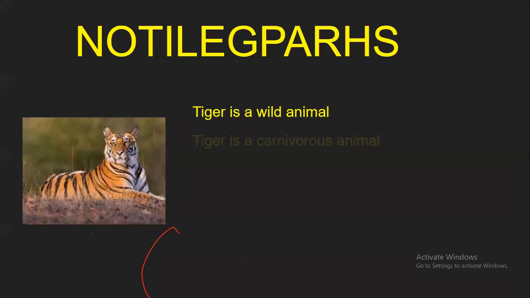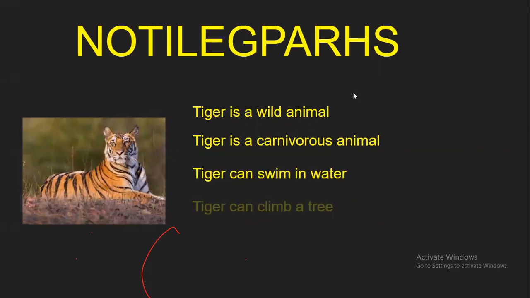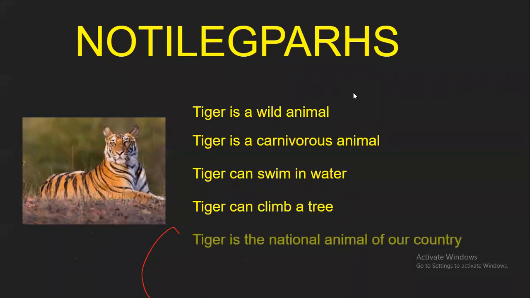Tiger is a wild animal, a carnivorous animal, it can swim in water, it can climb a tree, it is the national animal of our country. You don't need to memorize these things. These are all things that you know about a tiger. So from a given set of alphabets, when you logically combined five alphabets to form T, I, G, E, R, it had an image, it had some peculiarities which immediately flashed into your mind. Yes or no?